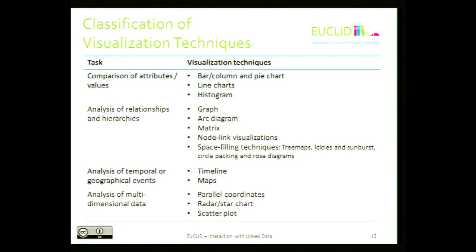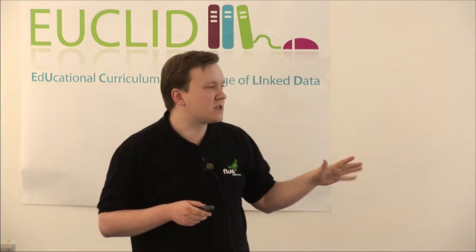If you're interested in analyzing temporal or geographical behavior, you may use timelines, maps, and in case you want, for example, to analyze multidimensional data, you may, in the case of three-dimensional data, use scatter plots, or in the case of higher dimensional data, parallel coordinates or radar charts. This is only a rough overview. We're going to cover many examples for the different categories of visualizations in the following.